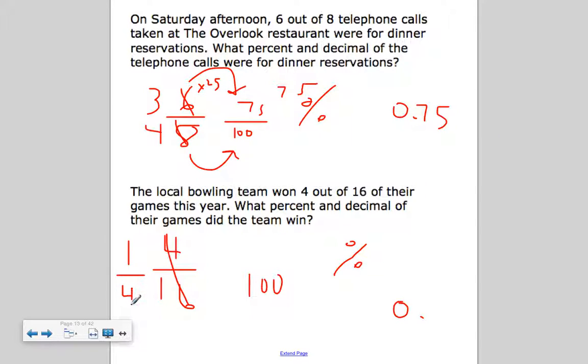Do you know the decimal equivalent of 1/4? Isn't that 25 hundredths? How do I get that? How do you build 4 to 100? Times 25, times 25. So our fraction is 25 hundredths, or 1/4, or 4/16, or the decimal is 0.25. So our percent is 25%. That means less than half of their games they won. Not good.